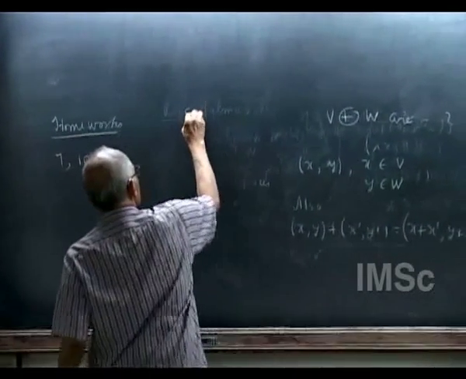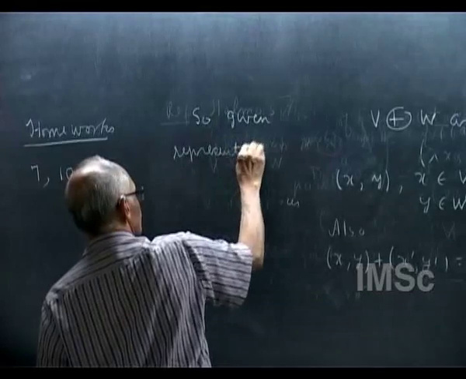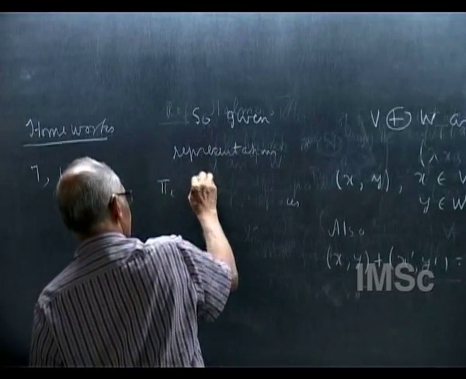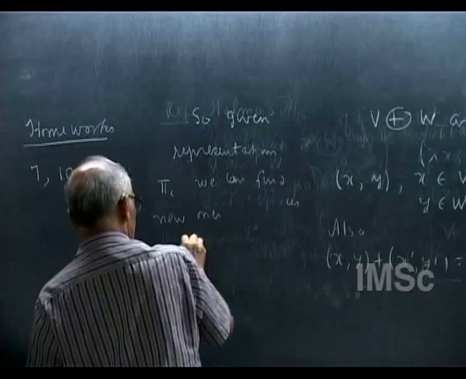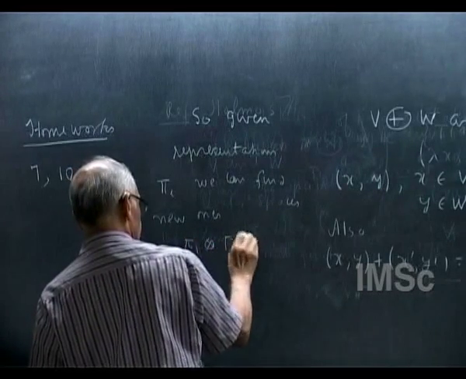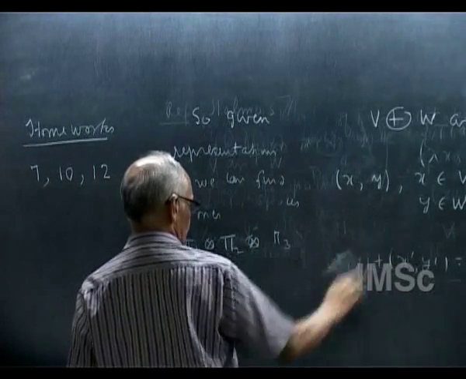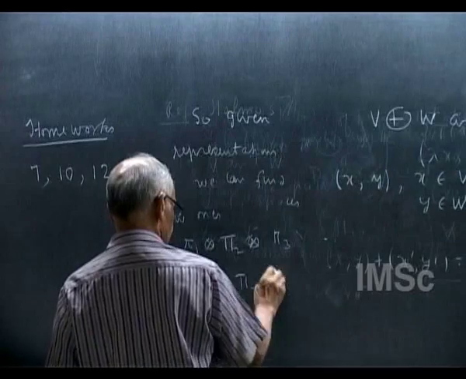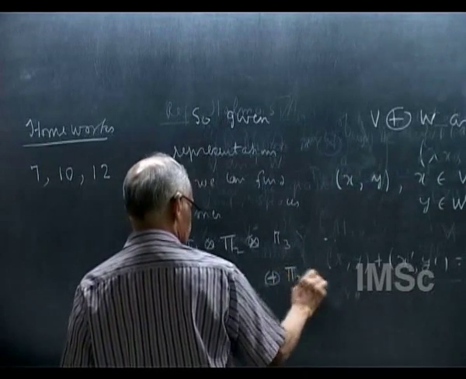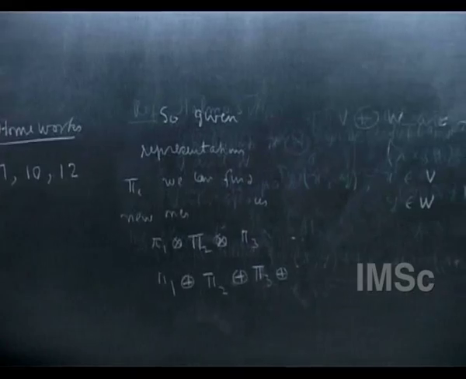So, given representations pi_i, we can find new ones, say pi 1 tensor pi 2 tensor etc., or pi 1 plus pi 2 plus pi 3 plus etc. I can construct with pi 1 maybe equal to pi 2.